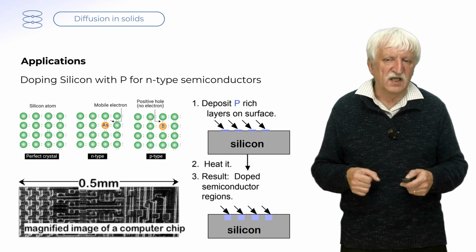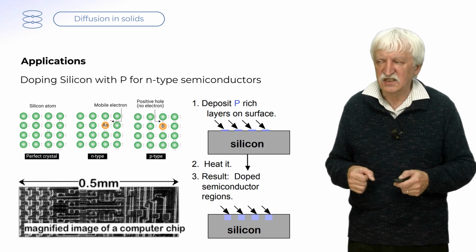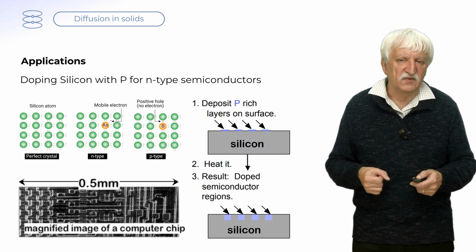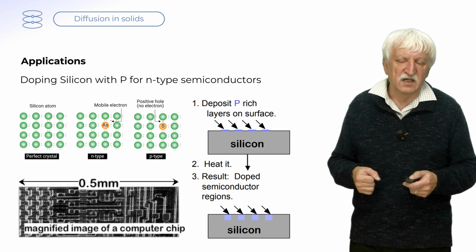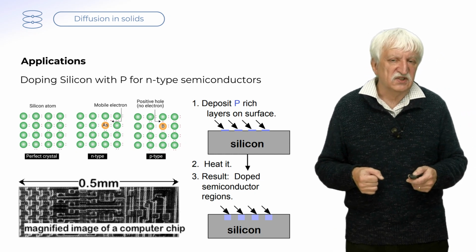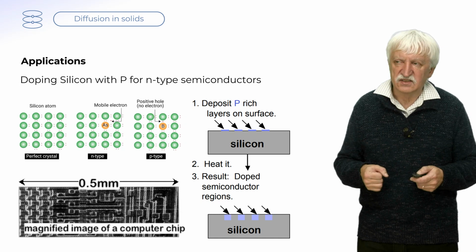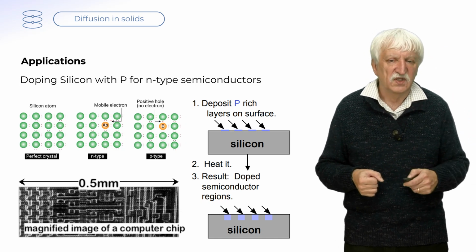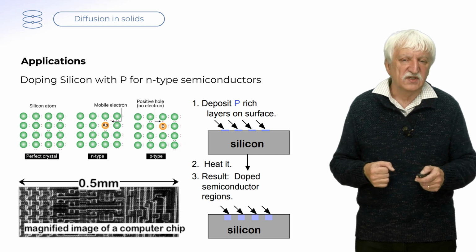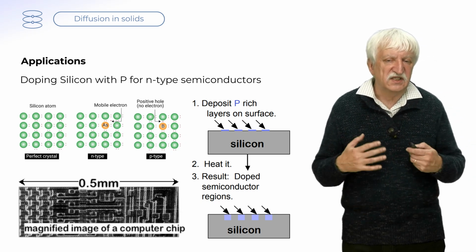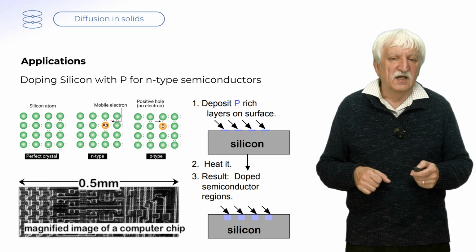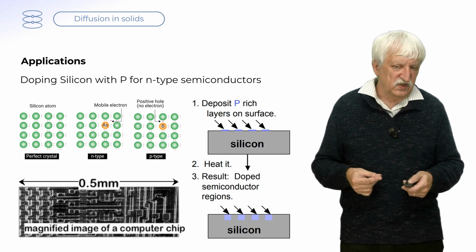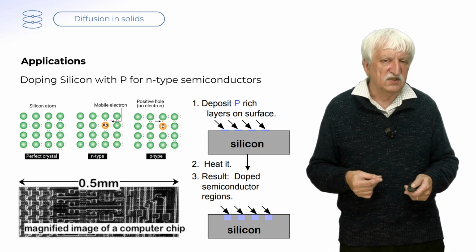In n-type semiconductors, the carriers are electrons, while in p-type semiconductors, the carrier has a positive charge, it is holes. Because of the diffusion after heating, there appear doped semiconductor regions, which are shown in blue in this picture.